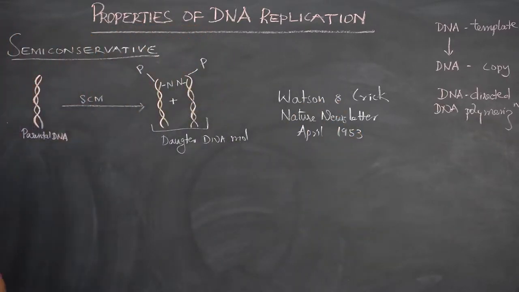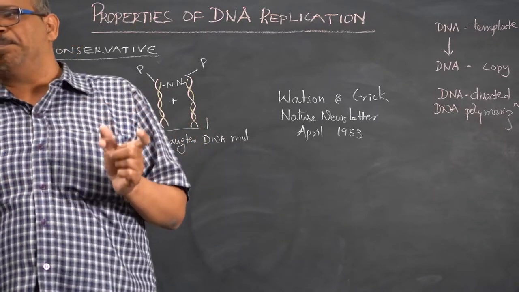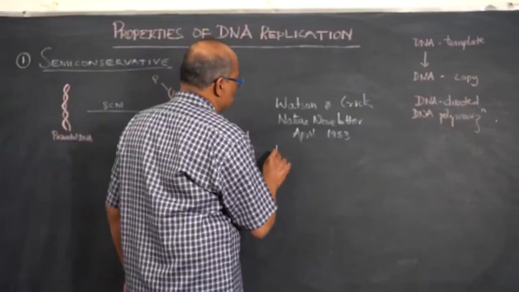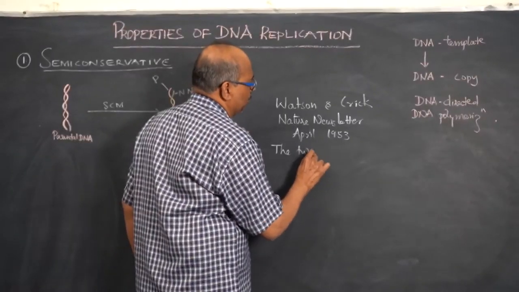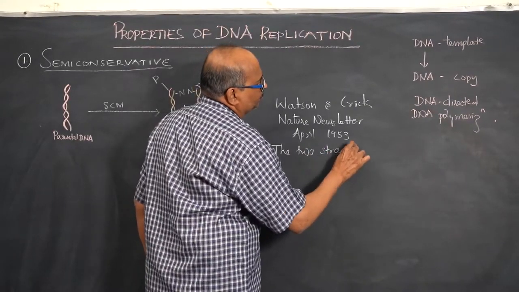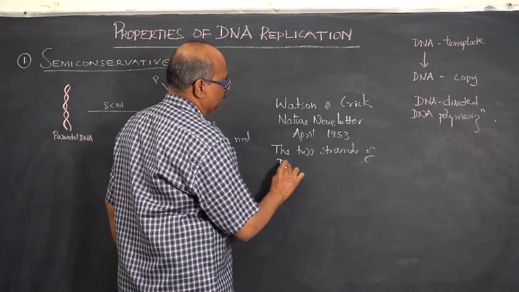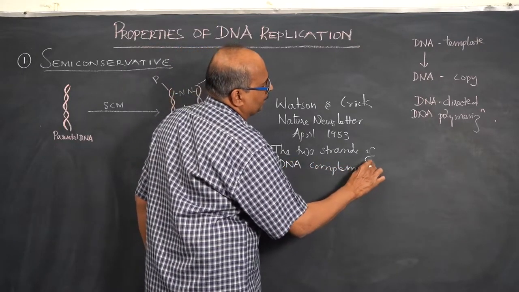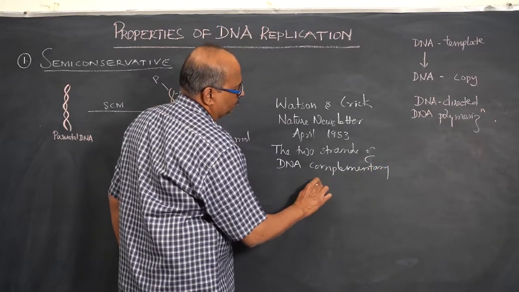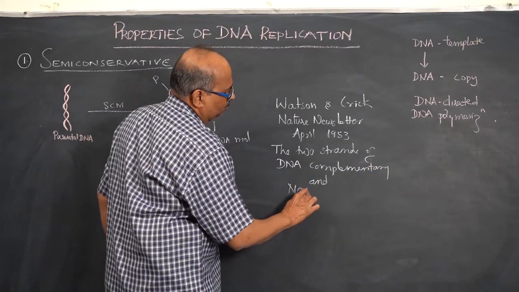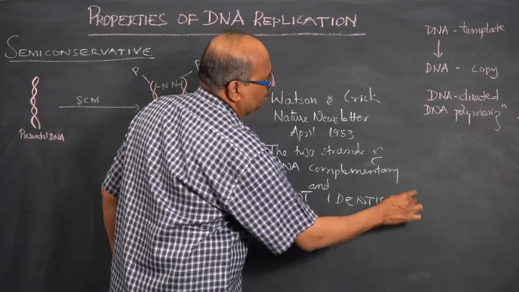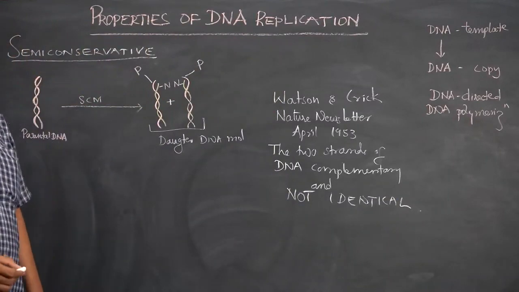And the reason why they thought of this kind of replication, where one strand will be acting as a template and one strand will be synthesized, is that the two strands of DNA are complementary, and not identical. So this is the important feature of the double helix molecule.